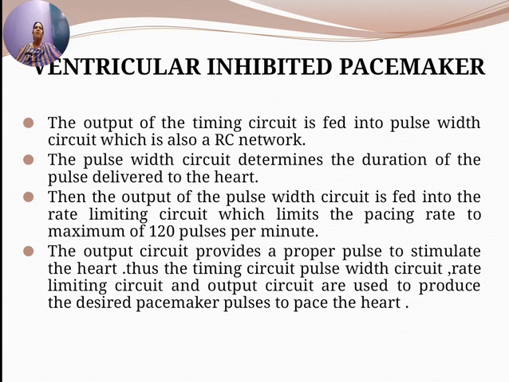The output circuit provides a proper pulse to stimulate the heart. Thus, the timing circuit, pulse width circuit, rate limiting circuit and output circuit are used to produce the desired pacemaker pulses to pace the heart.